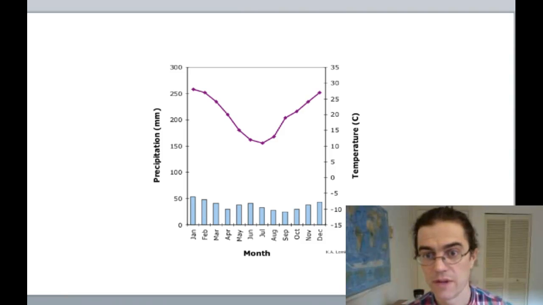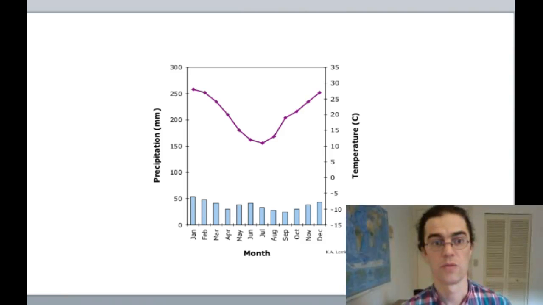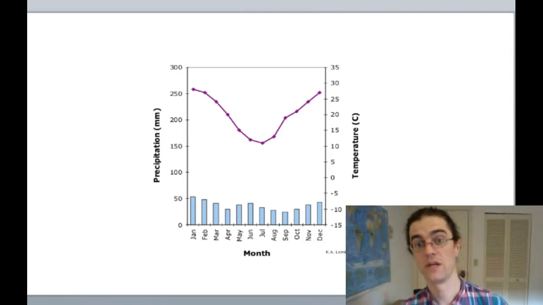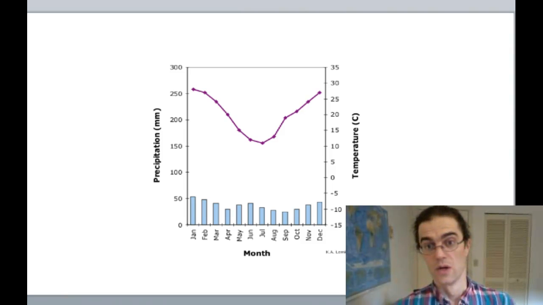I don't have the exact location for this specific climograph. We're working up to that, but this is just to give you an example of the curved line versus the blocks, and a drop in temperature in the mid part of the year, June, July, August, what we would consider in the northern hemisphere to be summer. However, this alerts us to the fact that this is most likely a southern hemisphere location, with June, July, August being lower temperatures.